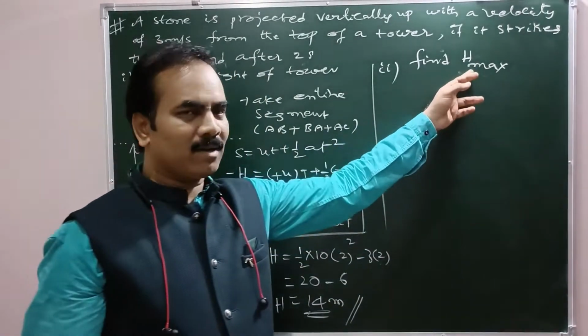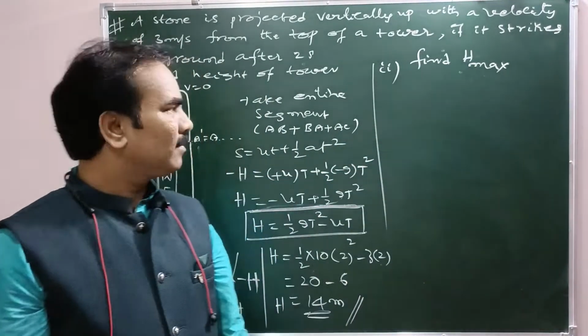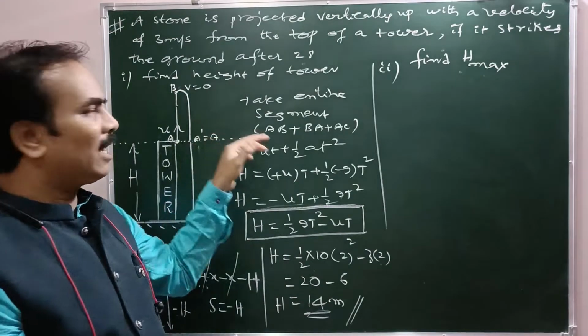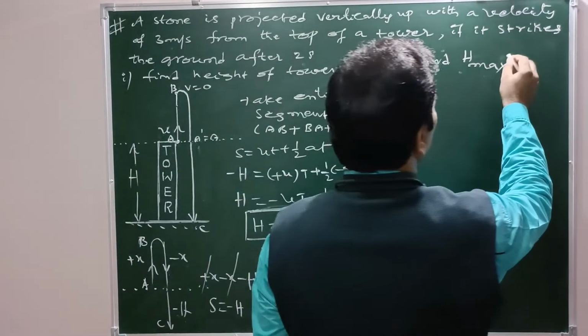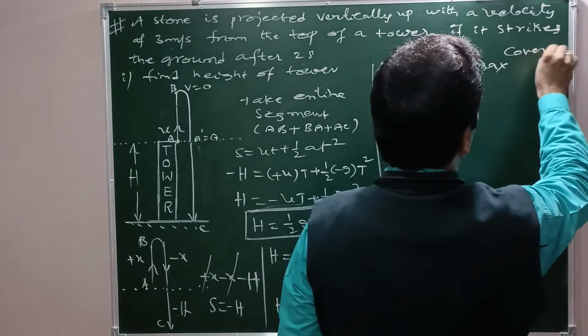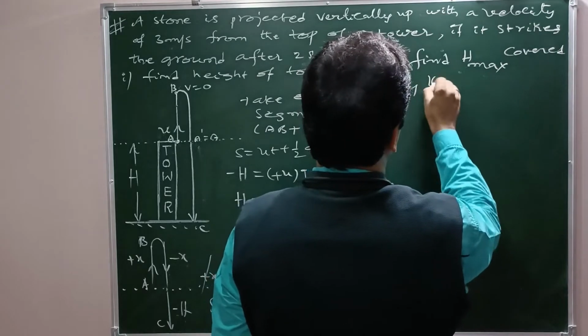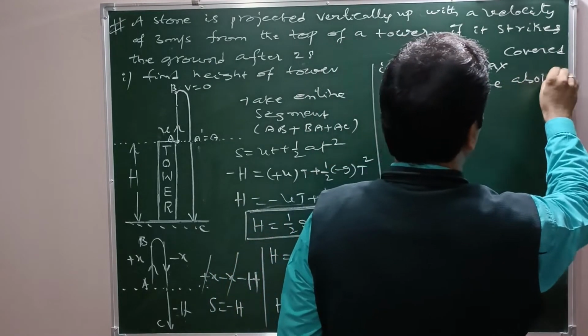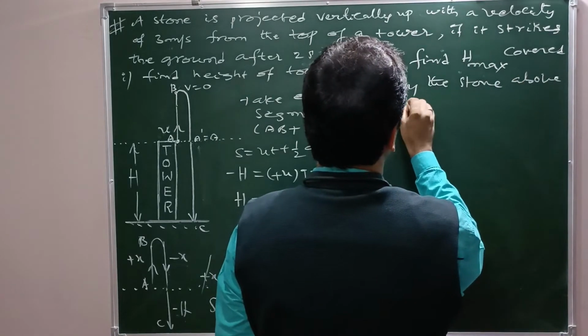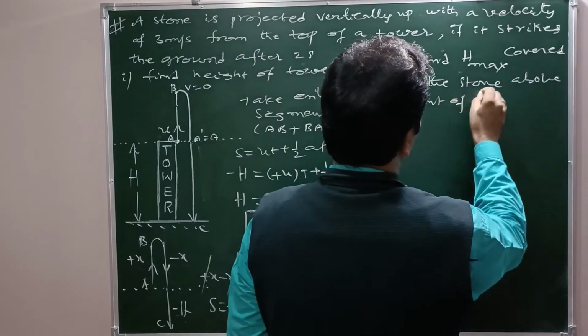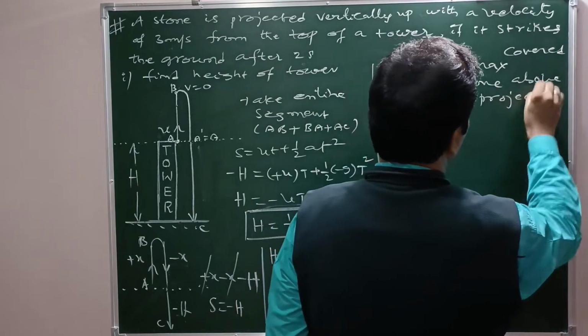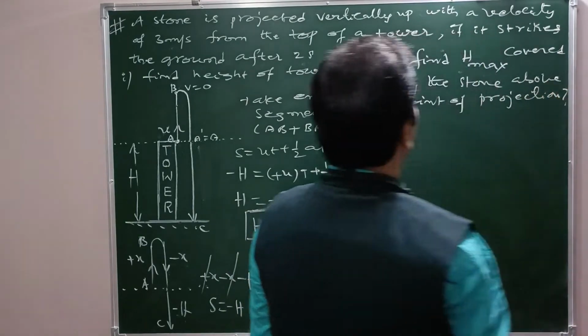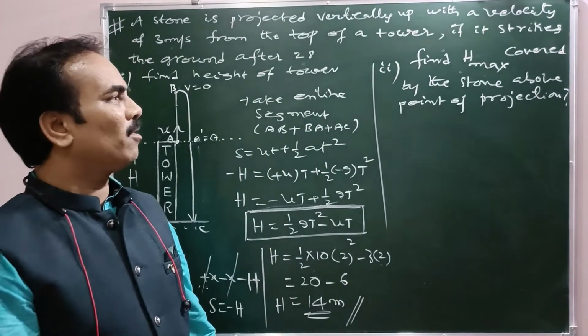Find the max height covered by the stone above the point of projection. This is the question. Right? Find the maximum height covered by the stone above the point of projection.